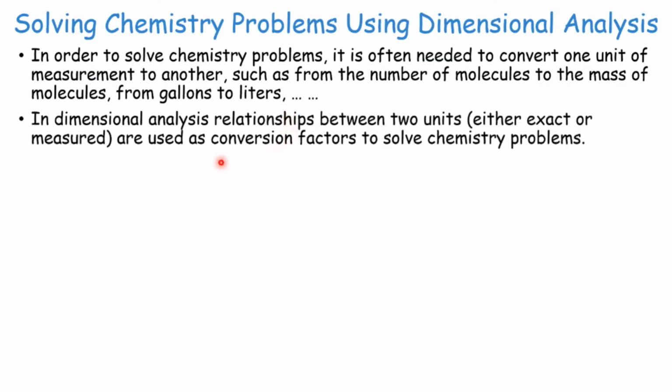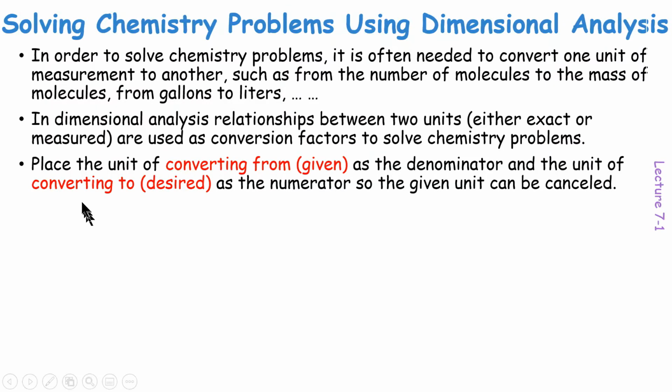In dimensional analysis, we are going to take advantage of the relationship between two units, and we will use those relationships as conversion factors. When you use conversion factors, you really need to remember this rule.